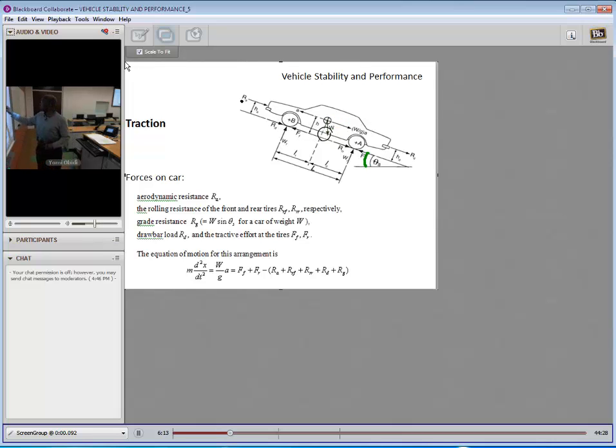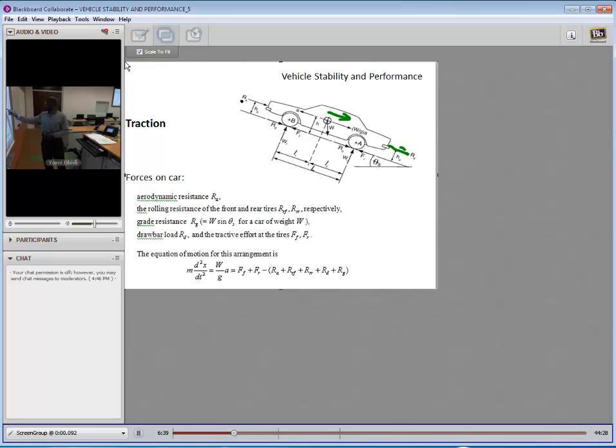If the grade is small, the grade resistance will be small. If the grade is large, the grade resistance will be large. So this is the grade resistance going this direction, W sine theta sub S for a car of weight W.